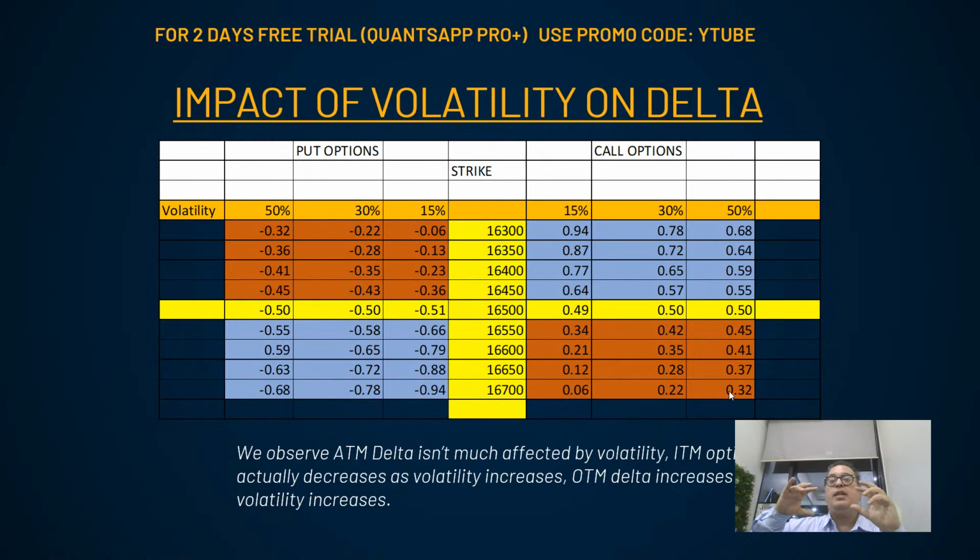So there is a possibility that it might come to 16,700 and then come in the money. That's what it's trying to highlight to you: the probability that an option could come in the money based on volatility, swings. So we observe ATM delta isn't affected much by volatility. ITM options delta decreases as volatility increases, and OTM delta increases as volatility increases.